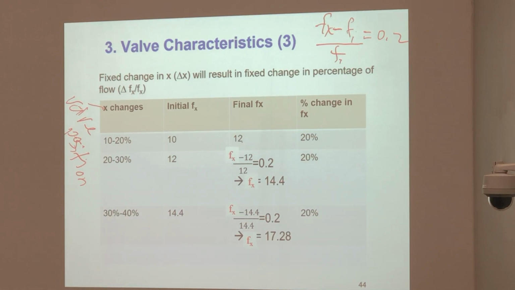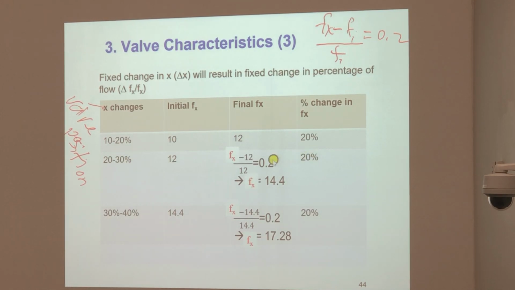For the equal percentage, even if I change from 20 to 30%, if I now have an initial of 12, what should be my final? I use final minus 12 divided by initial 12 equals 20%, because when x changes from 10% to 20%, the percentage change of the fx remains at 20%, since the delta x change is 10%.